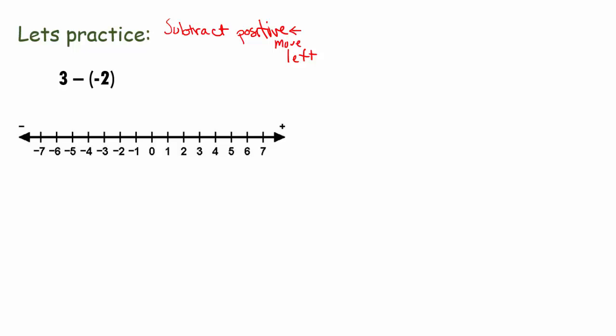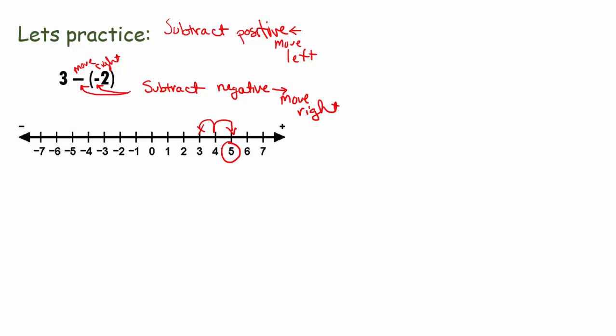So therefore, if I subtract a negative, I must do the opposite of that or move to the right. So if I look here and I say I first go from 0 to 3, subtract a negative means move right. As soon as I see subtract negative, I say move right. So I'm going to move right. How many units? 2 units. And I'll end up there at a positive 5.